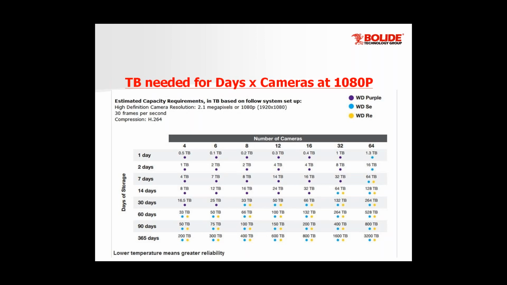And I just want to point out that this is for 24/7 recording, so you can get more out of it by changing the frame rate, changing the bit rate, recording on motion. So it's not set in stone that you're going to get 4 terabytes, 2 days, 16 cameras. As you change your settings, you can get more recording time out of it.